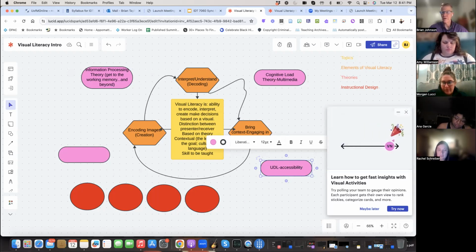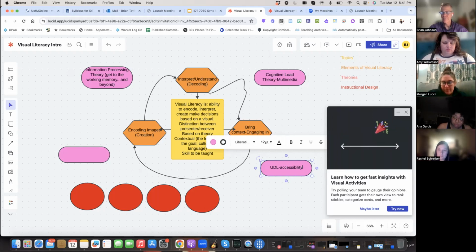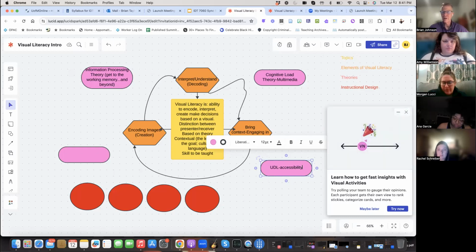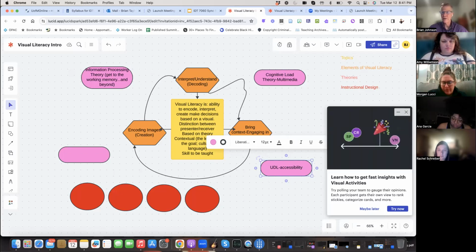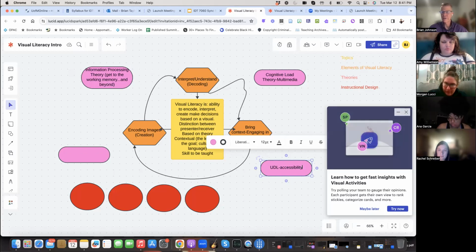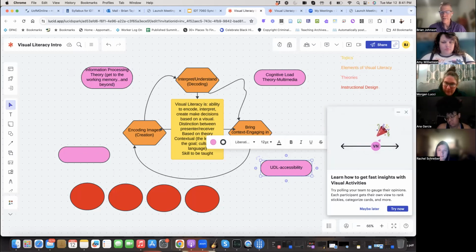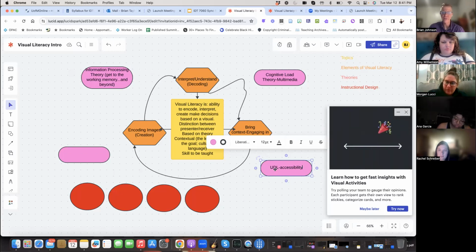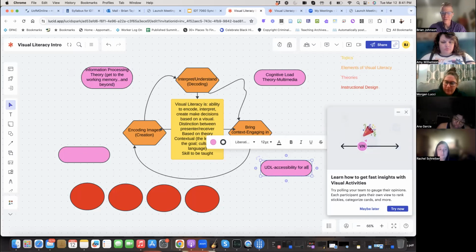If you have an image with alt text, let's say you teach in high school and you've got a student who's visually impaired, they may not be able to actually read that image, but an example of UDL might be to put the alt text in there so when they moused over, the screen reader would say, picture of instructor or whatever it is. I think user-centered design is a little bit different. I think they're both accessibility focused though. UDL is accessible for all.